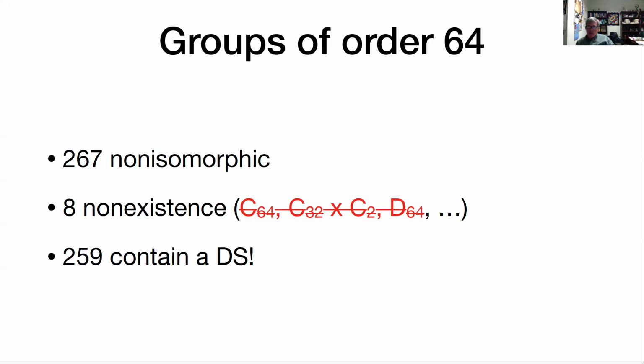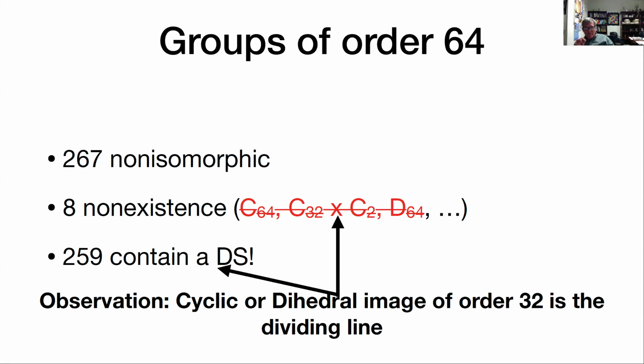And that's where we get to the observation: cyclic and dihedral images of order 32, that's the dividing line. That was true in groups of order 16 as well, where there's a very clean non-existence result. If you have a cyclic or dihedral image of order 32, you can't have a difference set. Otherwise, you seem to have one.